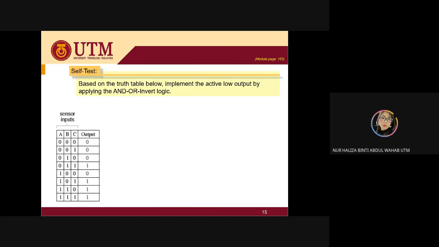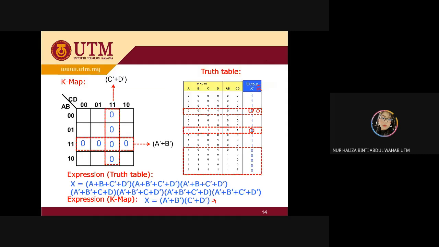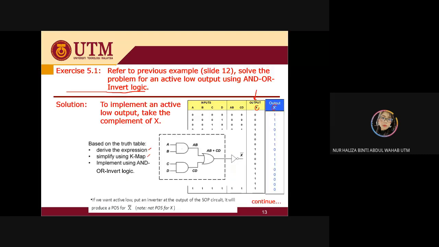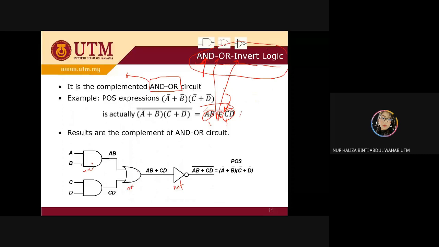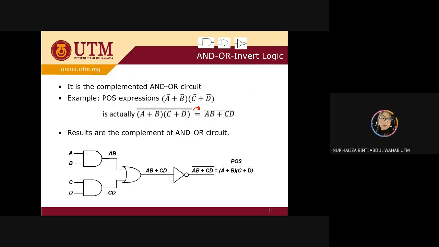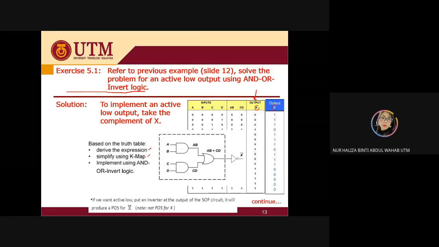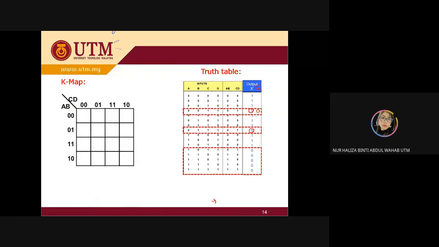You're going to convert, and you will get this final answer. You convert using your De Morgan theorem. You will have this part for your NOR circuit. We will try to do it later on. I will give you one step-by-step video and try to do exercise.